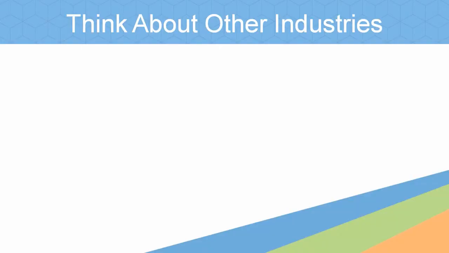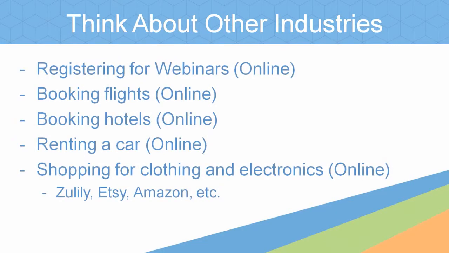And we think about, well, why does that happen? Well, there are so many other industries that you can think about, and everything's steering us toward online registration, online booking, online purchasing. You think about, how did you get registered for the webinar we're watching right now? How do you book flights and hotels? How do you rent a car? Potentially, how do you do shopping? A lot of people do it online, things like Amazon, Zulily, Etsy.